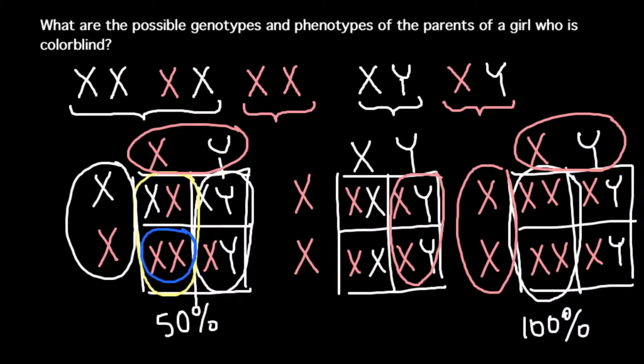So in such a cross, 100% of males would be phenotypically and genotypically normal, and all females would be phenotypically normal but carriers.